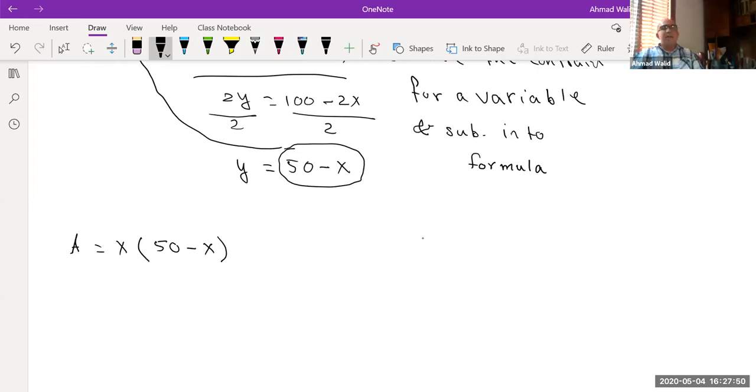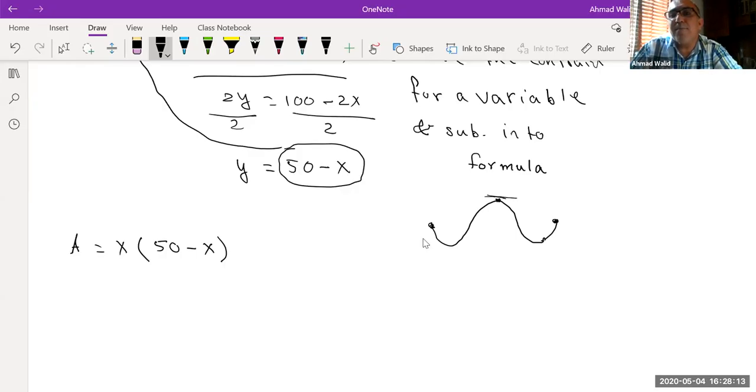Correct? If you remember section 4.3, if I have a function like this, a continuous function in a closed interval, this is the max point, right?